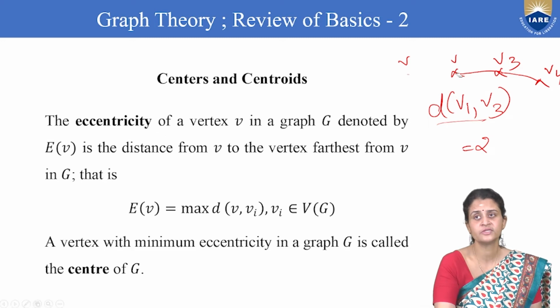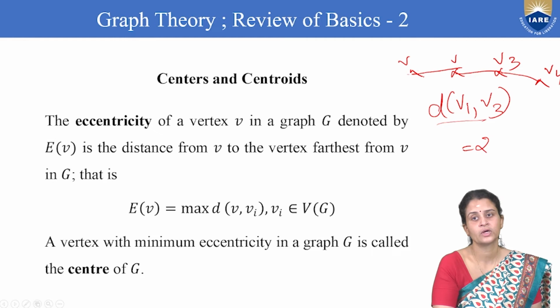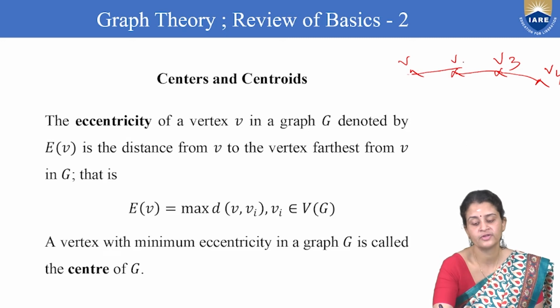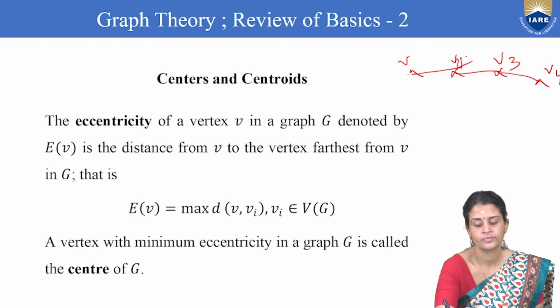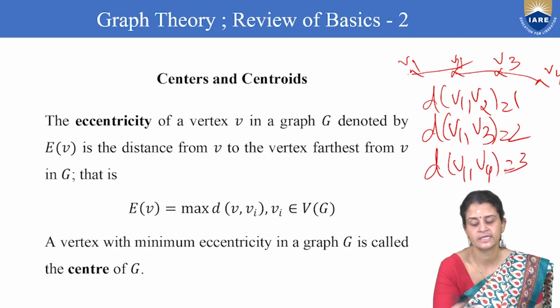And what about the distance between V1 and V4? It is 3. And what is the maximum distance of V1 from any other vertex? The distance between V1 and V2 is 1, between V1 and V3 is 2, and between V1 and V4 is 3.